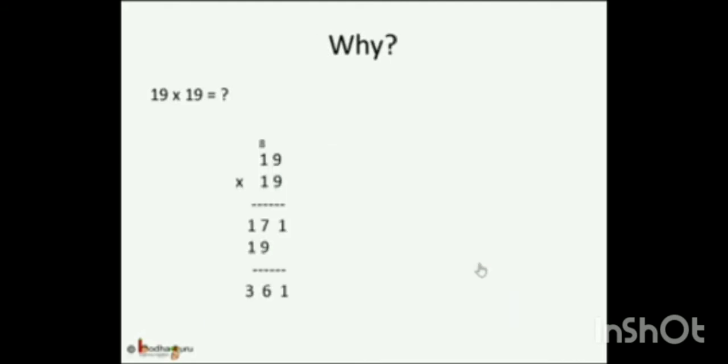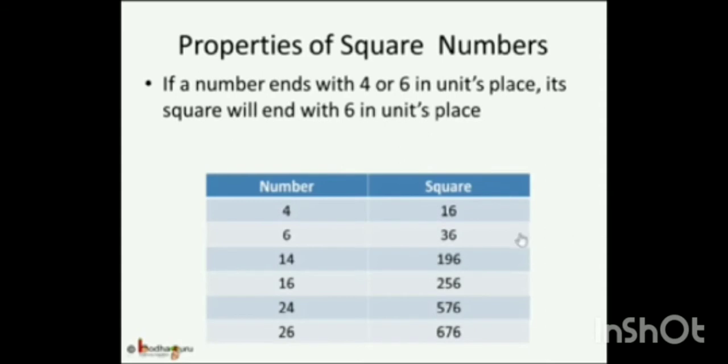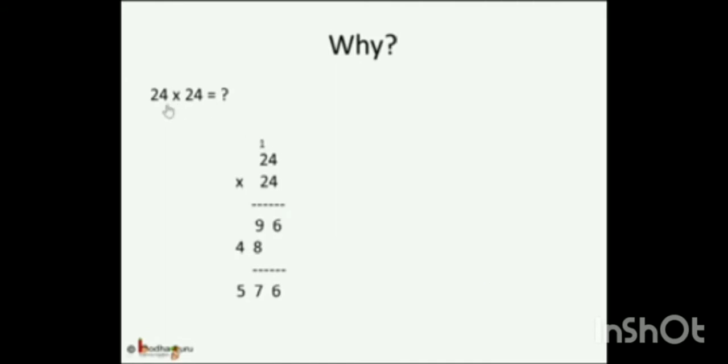Make sense? Let's take another property on similar lines. If a number ends with 4 or 6, then its square always ends with 6. As you can see here, 26 into 26 is 676. 24 into 24 is 576. And why is that? Again, do a simple multiplication and you'll know why.